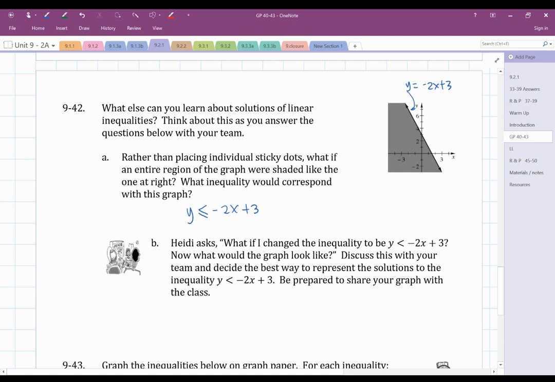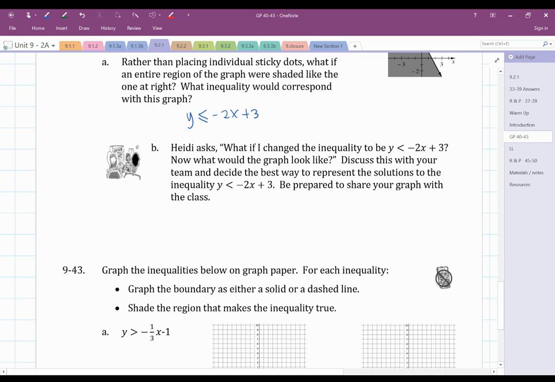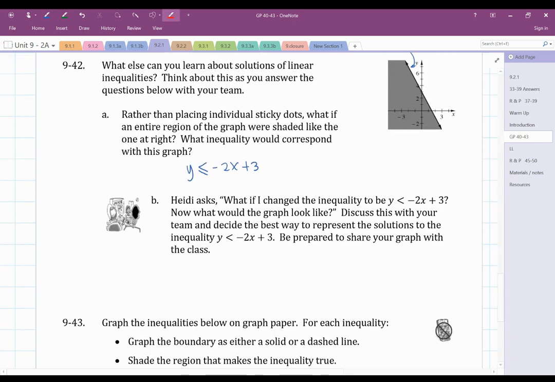Okay, now for letter B, Heidi asks, what if I change the inequality to be y is less than, without the line below the inequality symbol, negative 2x plus 3. Now, what would the graph look like if we have this symbol without the equal sign at the bottom of the inequality?